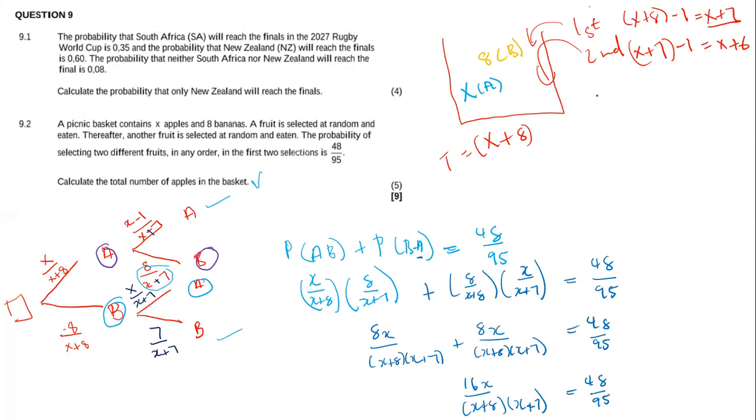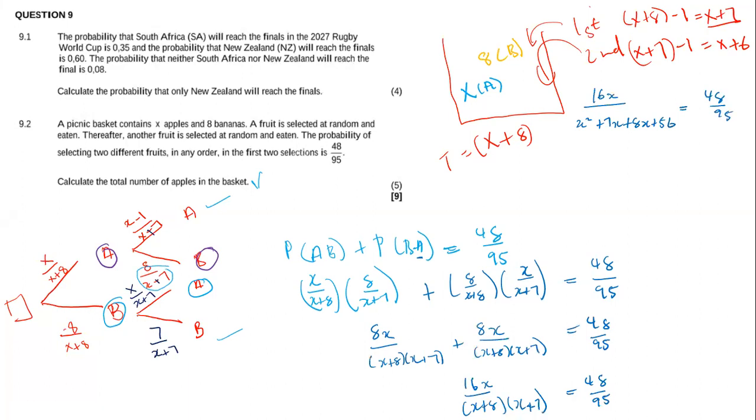Now let me expand this bracket. x multiplied by x is x squared, x multiplied by 7 is 7x, 8 multiplied by x is 8x, and 8 multiplied by 7 is 56. So we have 16x over x squared plus 7x plus 8x plus 56, which equals 48 over 95.